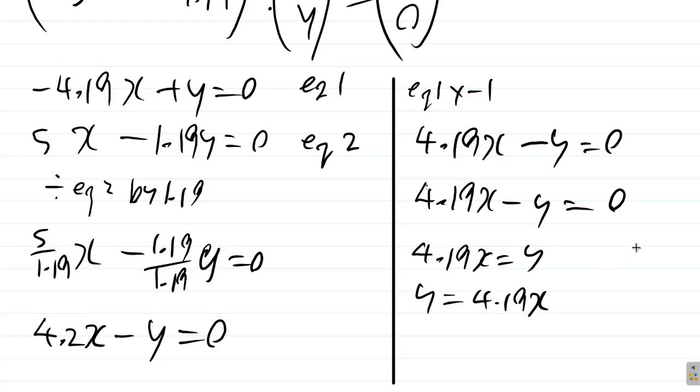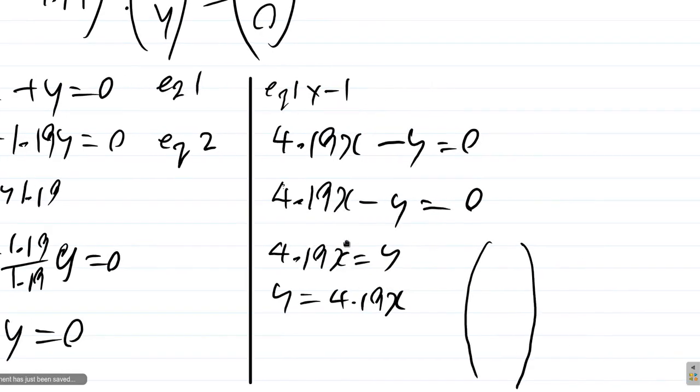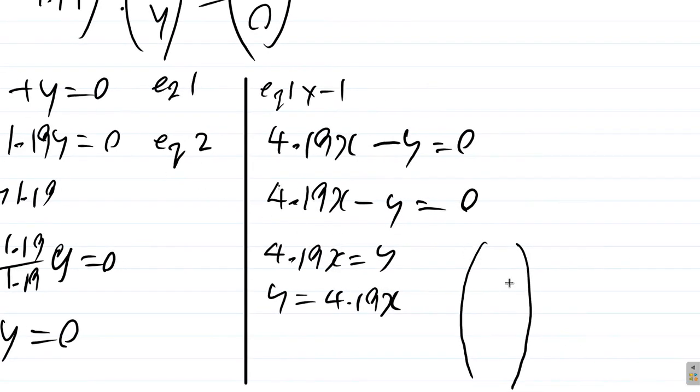Now we can use that to find the eigenvector. What is the eigenvector here? If we make x 1, then y is 4.19 times 1, which is 4.19. But it looks neater if we just say 4.2, close enough.